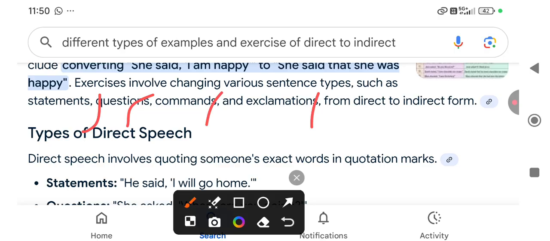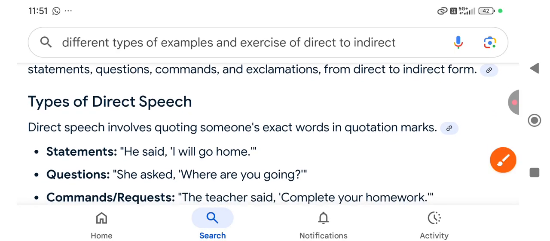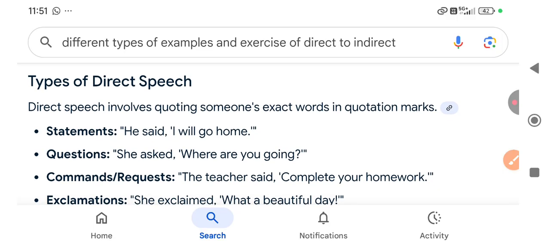So those are the changes we are going to discuss. For different sentences there are different rules, right? For statements, different rules; questions, different rules; commands, different rules; and exclamations, there will be different rules from direct to indirect.